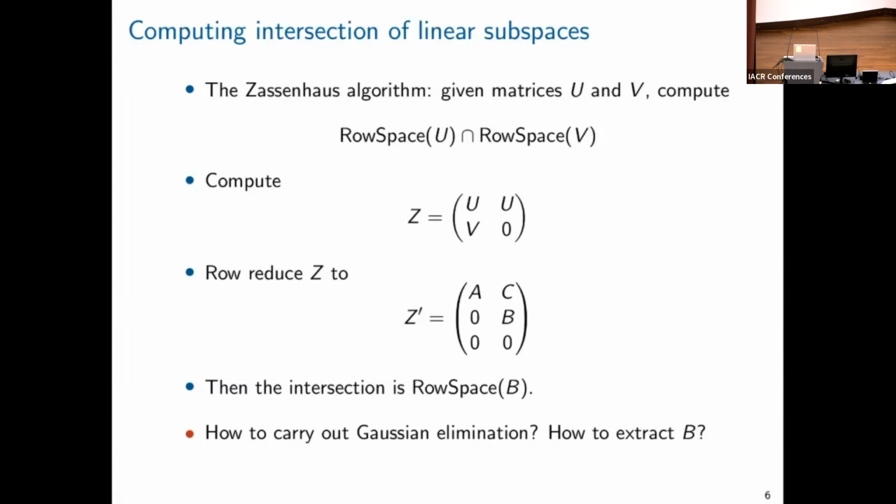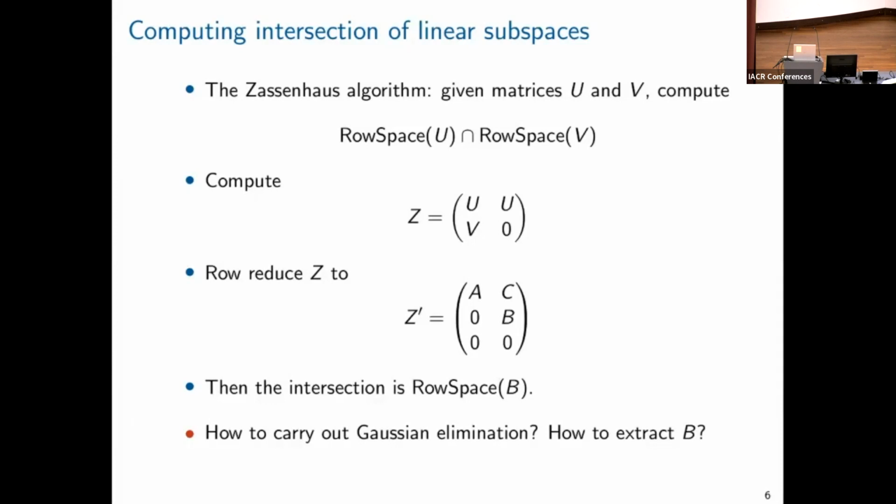For example, if you want to compute the intersection of row space U and row space V, what you can do is first put U and V like this to form the matrix Z, and then you try to row reduce Z to form like this, and then, a bit magically, your intersection will be just the row space of this matrix B.